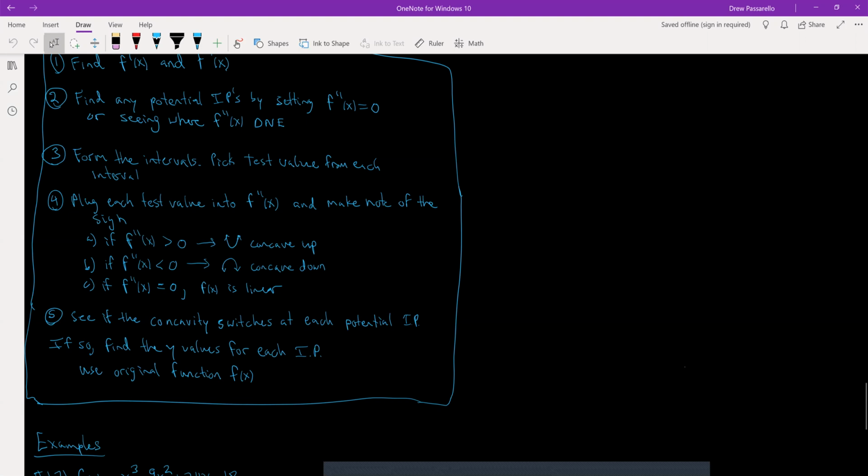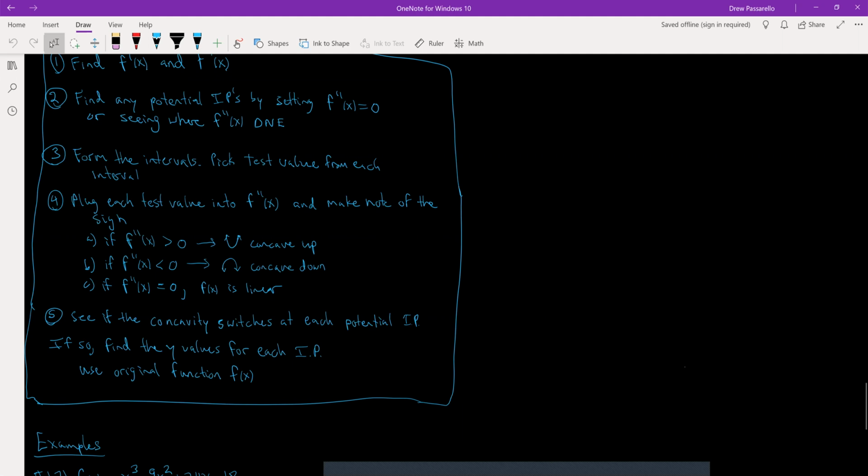This fifth step was the added step. So all these first four steps were the same from the previous video for finding intervals of concavity. It's the fifth step that's just an added step where we're going to see which point is an inflection point out of the potential inflection points.